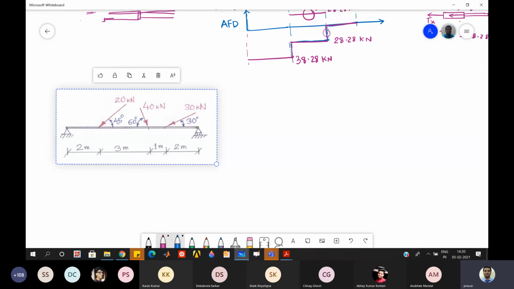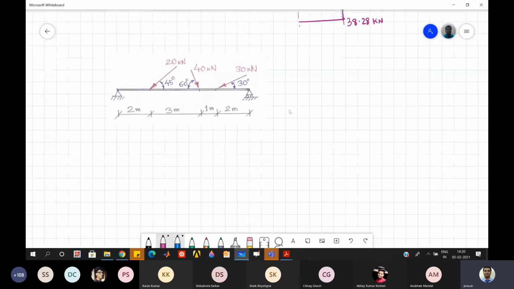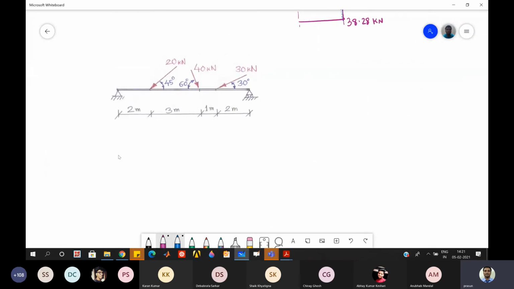Okay, we will not consider the perpendicular components. But if you are asked to draw the SFD and BMD, probably that time you need those forces. Okay, so then we'll simply first write the component in the axial direction.